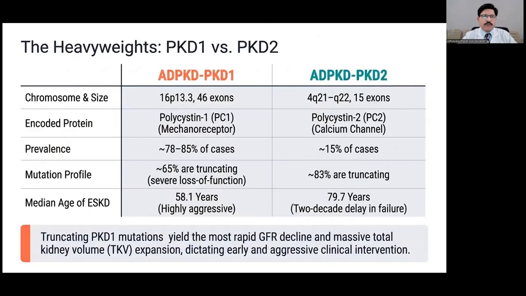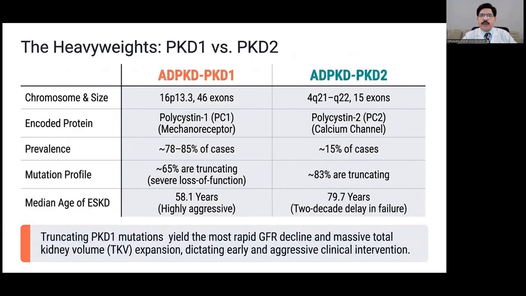Now you see, there are 2 heavyweights, PKD1 and PKD2. What is the difference between them? You may be interested to know: chromosome and size. PKD1 is on chromosome 16p13.3, 46 kb is the size.